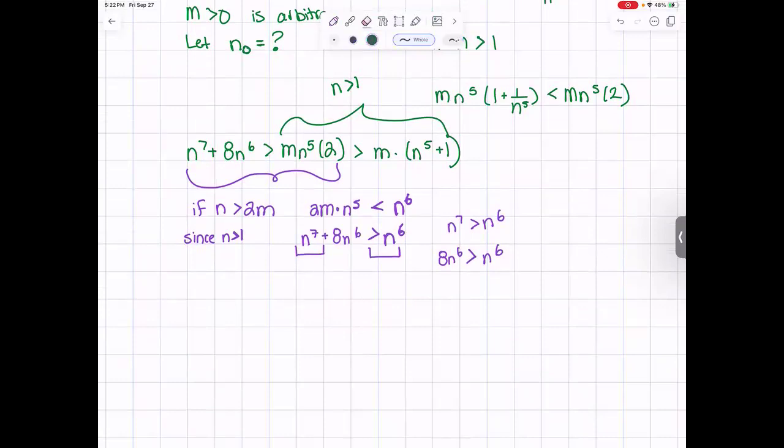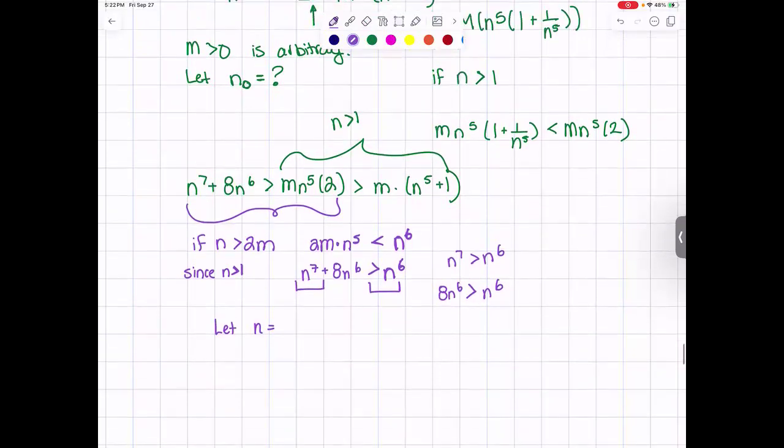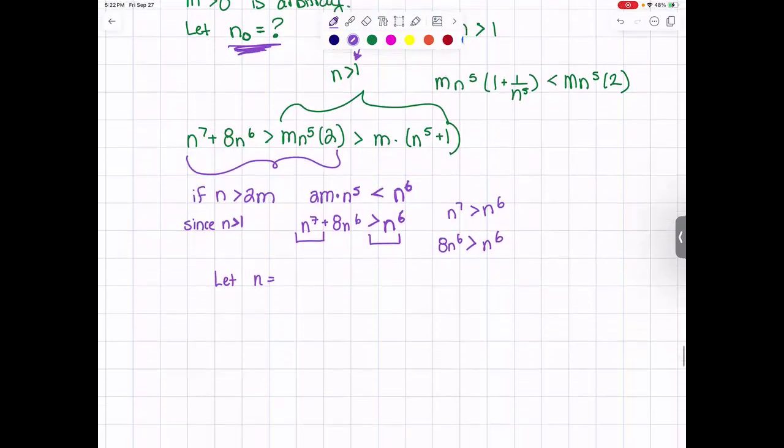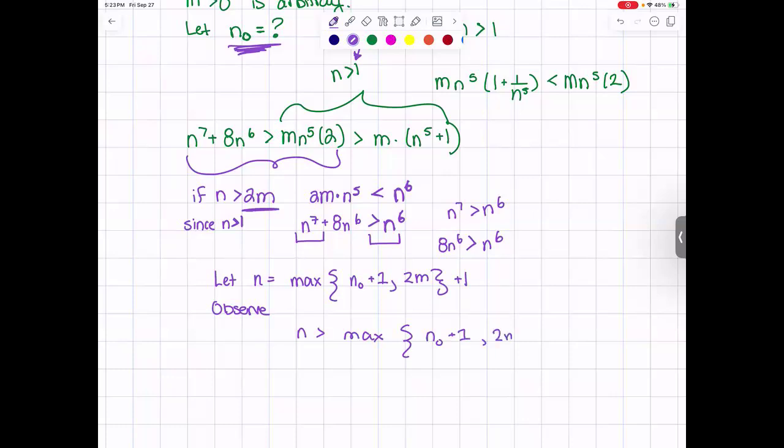So what we've then proven is we've said that if we let n equal, so n had to be greater than 0, but a reminder, of course, that we need to frame it in terms of n naught, a max between n naught plus 1, and our other value was 2m plus 1, we're able to observe that n is strictly greater than the max between n naught plus 1 and 2m.